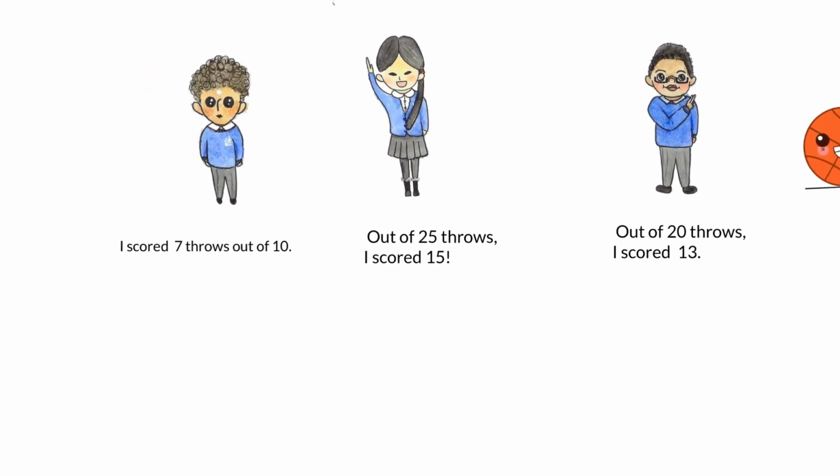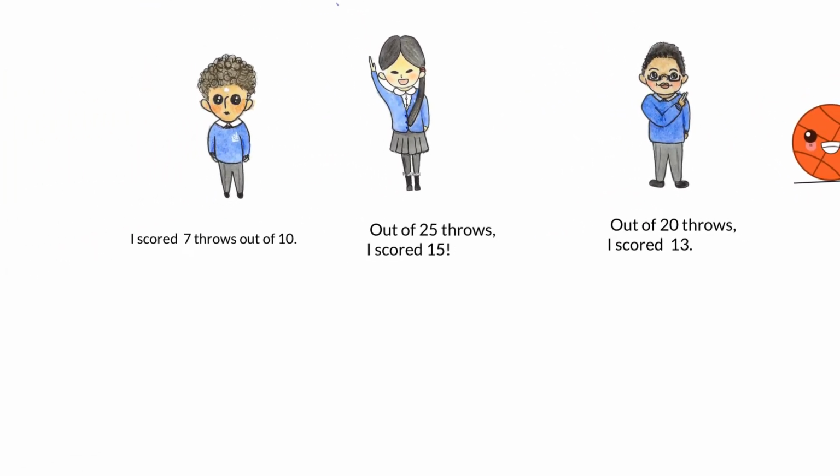Right now, you could pause the video, take a piece of paper, and try to write down the scores for Adam, Betty, and Charlie as a fraction. Let's wait.